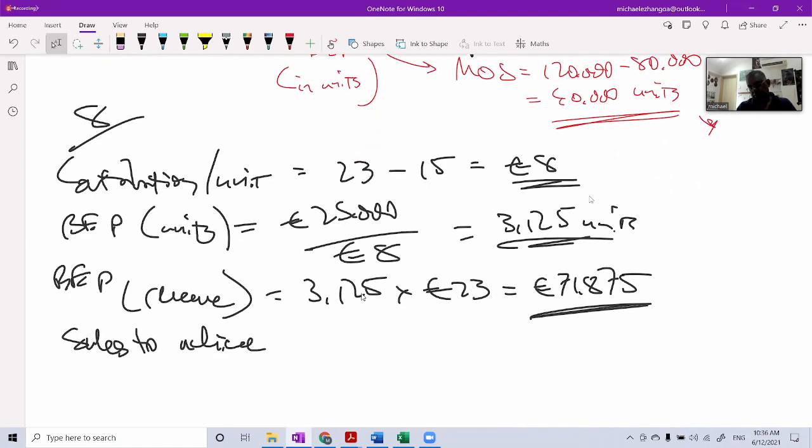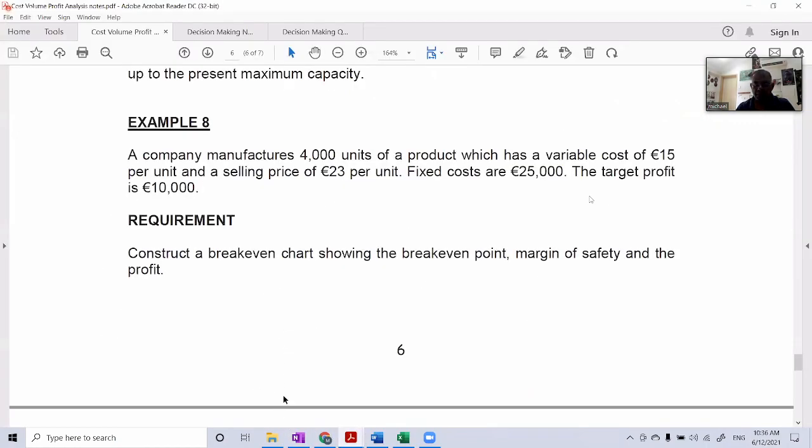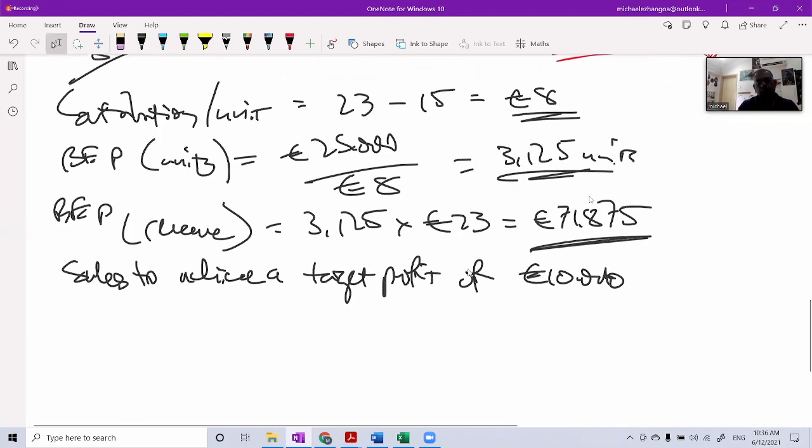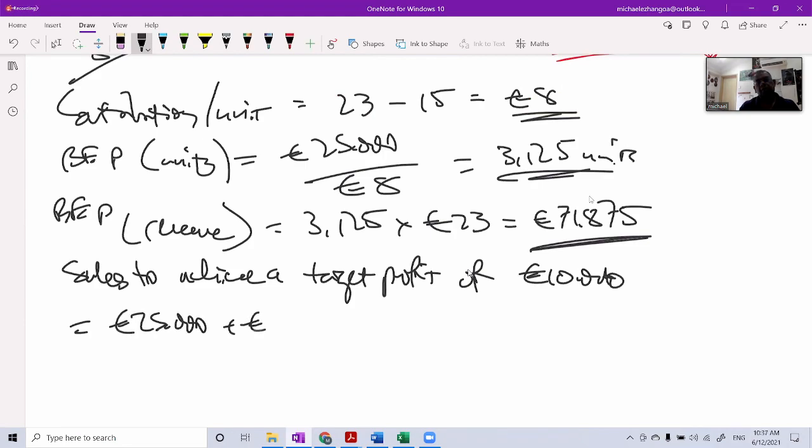Sales to achieve a target profit of 10,000. So we take fixed cost 25,000 plus the target profit 10,000, over contribution per unit, which is 8.